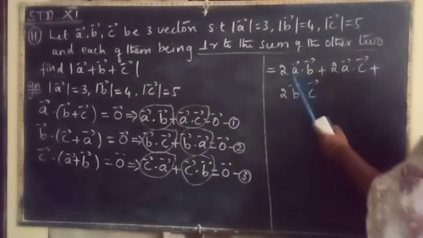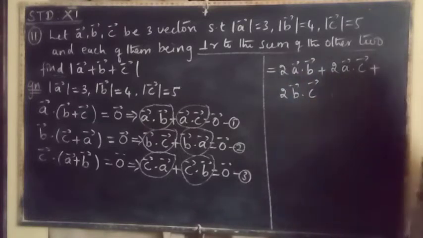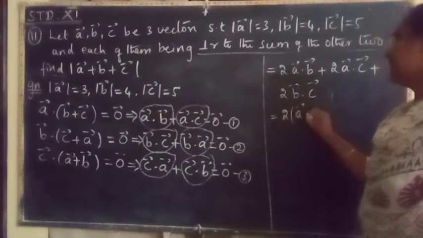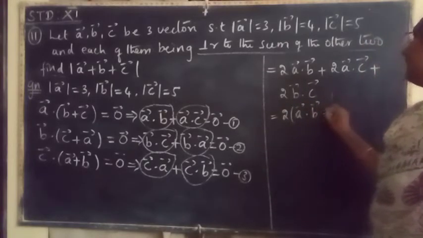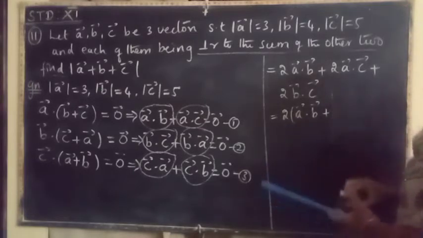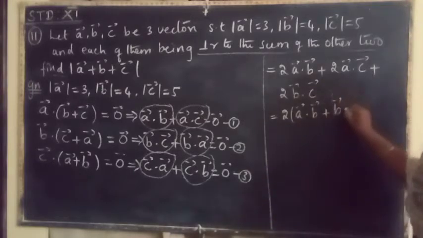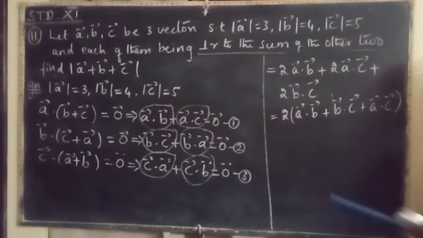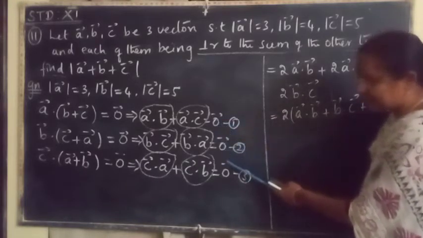Now look into this. Everywhere I have 2, so shall we take it as common? 2 into A vector dot B vector plus B vector dot C vector plus A vector dot C vector. Now look into this RHS value.